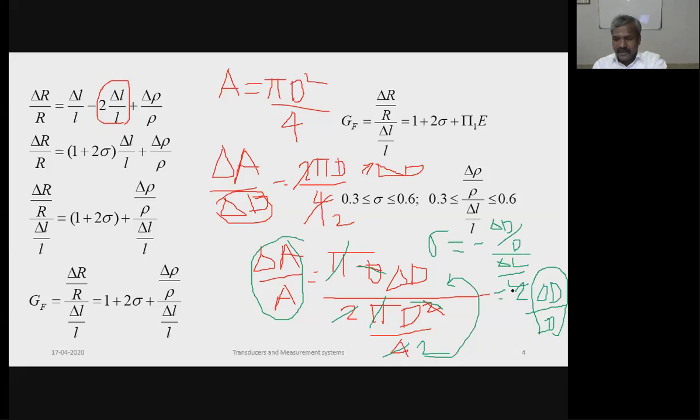So instead of del D by D, we are going to substitute minus sigma, that is Poisson's ratio, into del L by L.